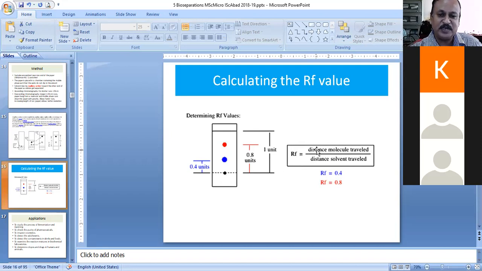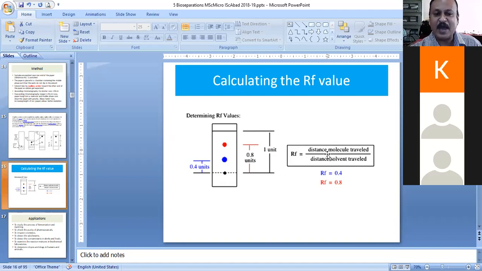RF value is the distance which is traveled by the molecule, that is this distance, for example here it is 0.4 centimeter, or 0.4 inch, whatever you want to say, divided by the distance traveled by the solvent. So from this point to this place here, that is, for example, 1 unit, maybe 1 inch or 1 centimeter.